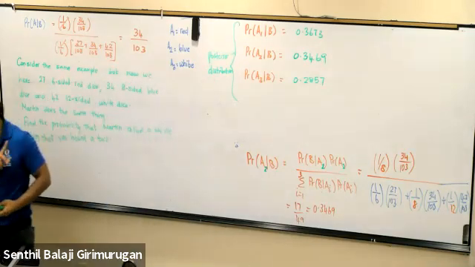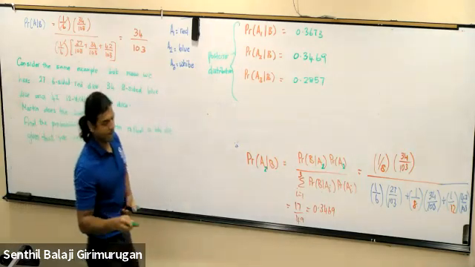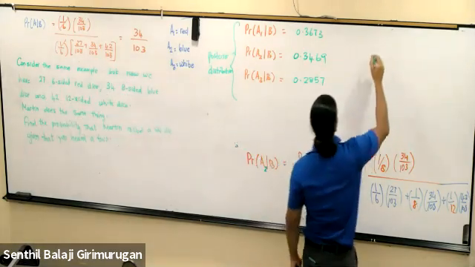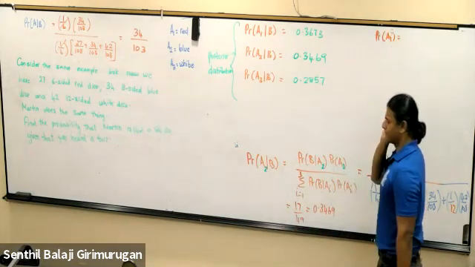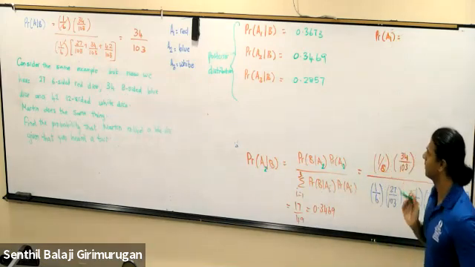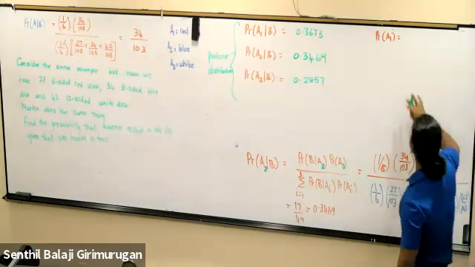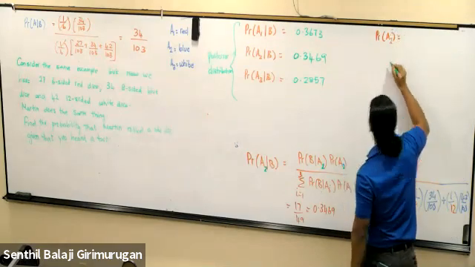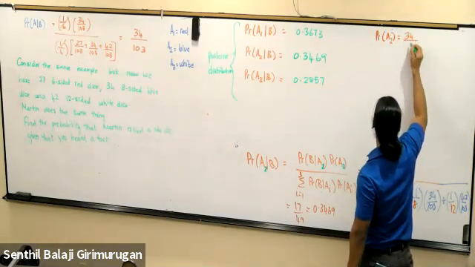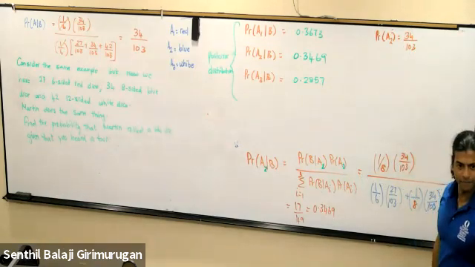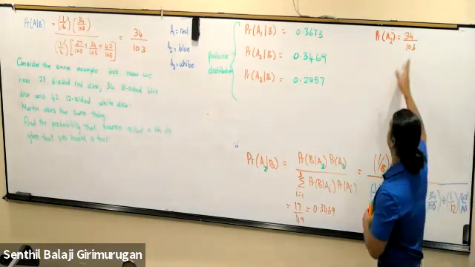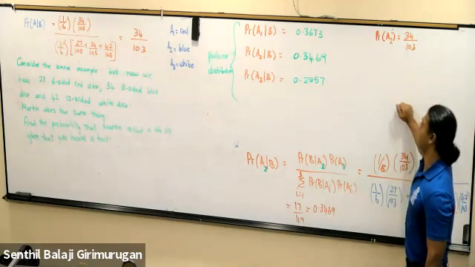So that's what I have. What is the prior for each of them? So the prior for A1, or blue die, is simply 1/3. Yes. So this didn't change much.